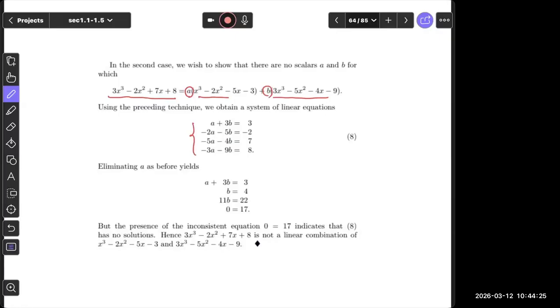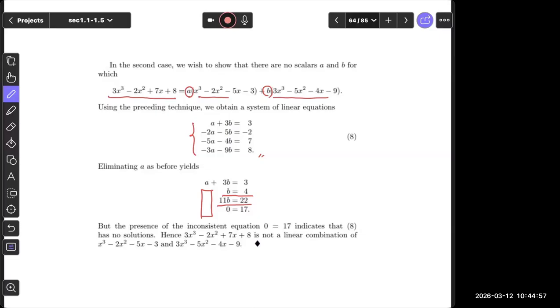Now, if we perform the previous row operations to simplify the equations, I mean, if I eliminate a from the second up to fourth equations, then this is what you get. b equals 4, that is fine. 11b equals 22, that seems acceptable. I mean, the shape is acceptable.